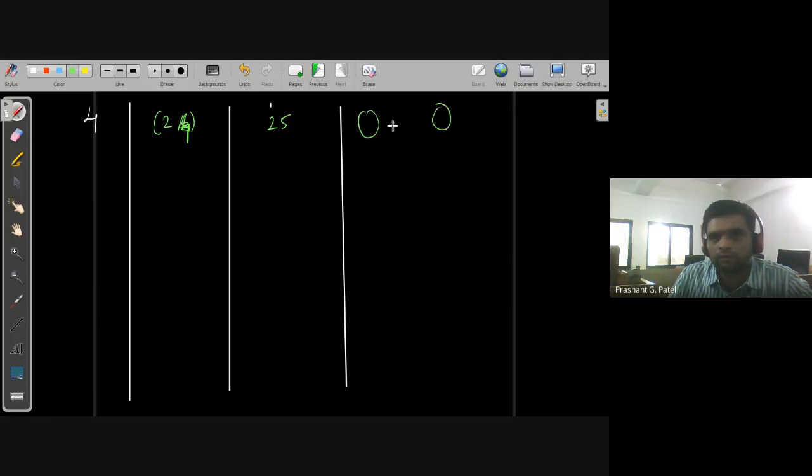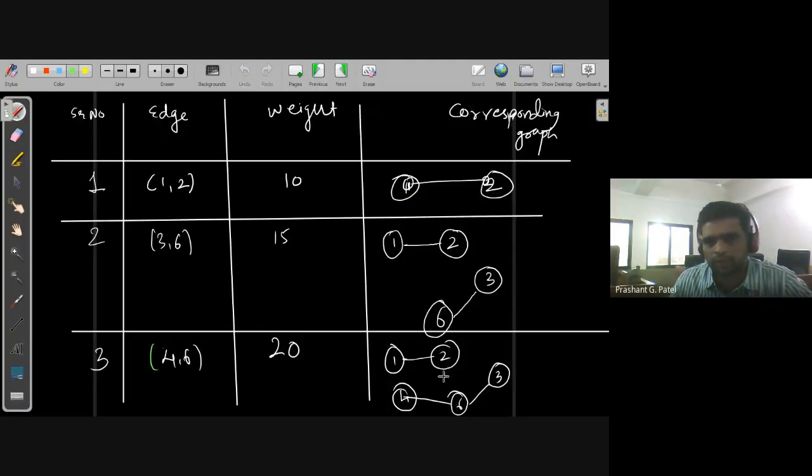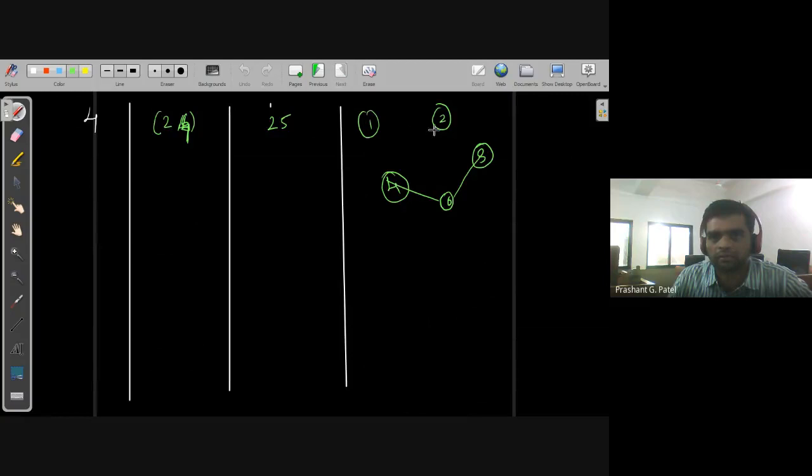Here it is 1, 2. Then 3, 6 is selected, and 4 is also there. This was the previous figure, and now we have added 2 to 4. So this is the figure you have.